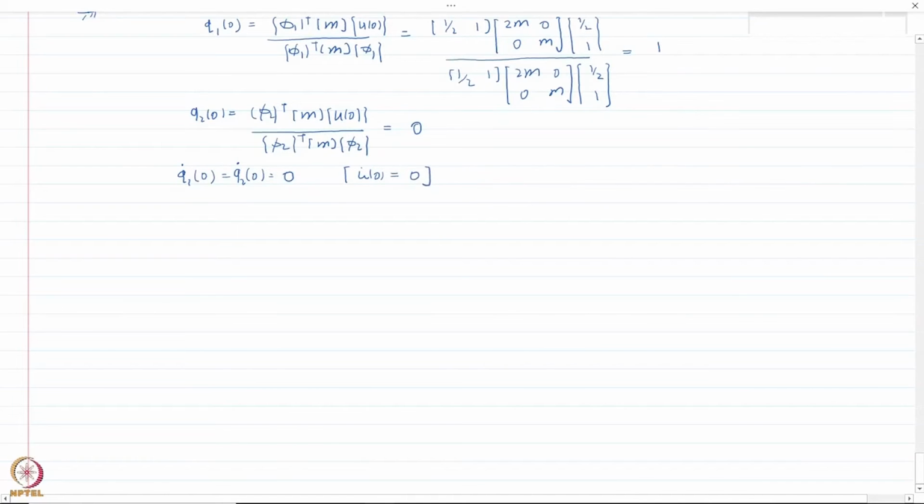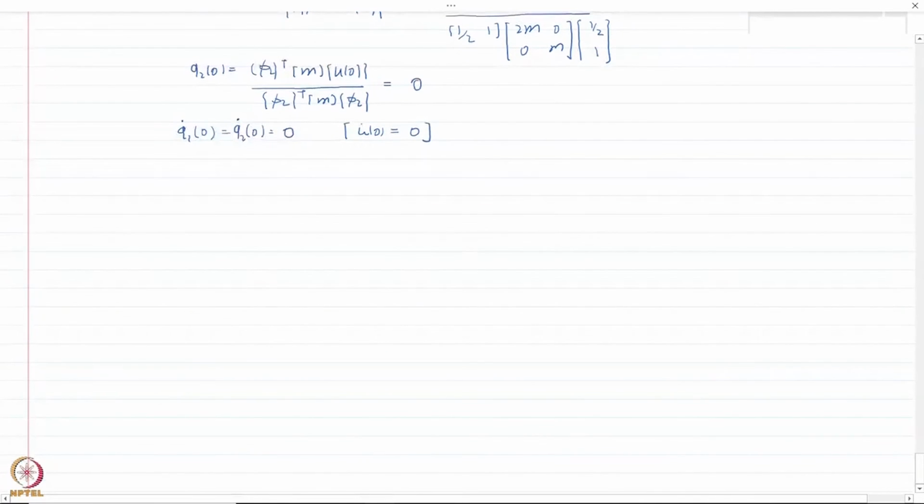So we can go ahead and substitute in our expression. Let me first write down q1 at t is equal to q0 cos omega 1 t plus q dot of 0 divided by omega n sin omega 1 t.